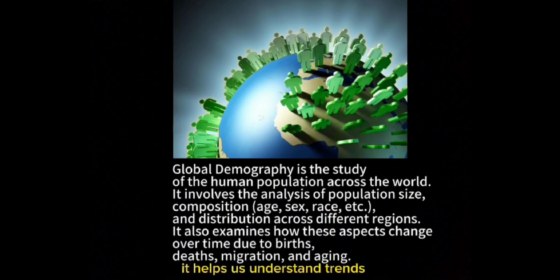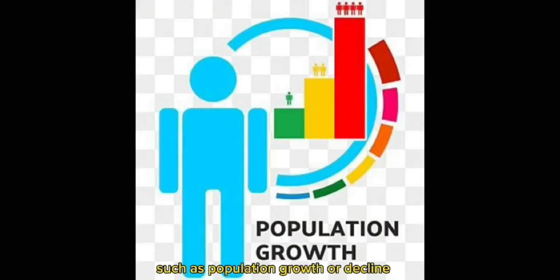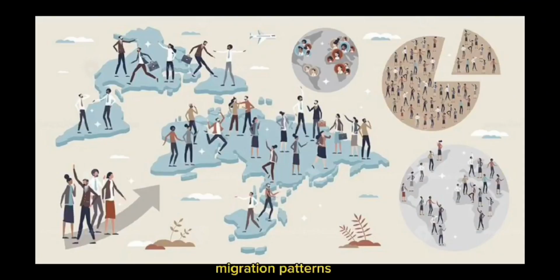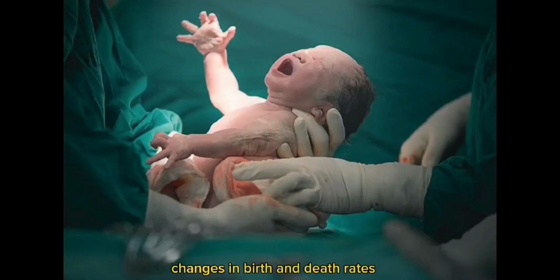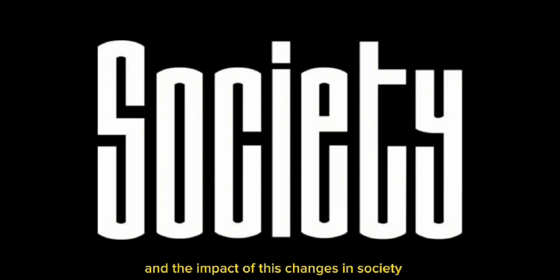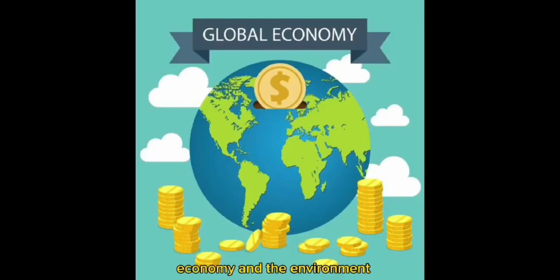It helps us understand trends such as population growth or decline, migration patterns, changes in birth and death rates, and the impact of these changes on society, economy, and the environment.